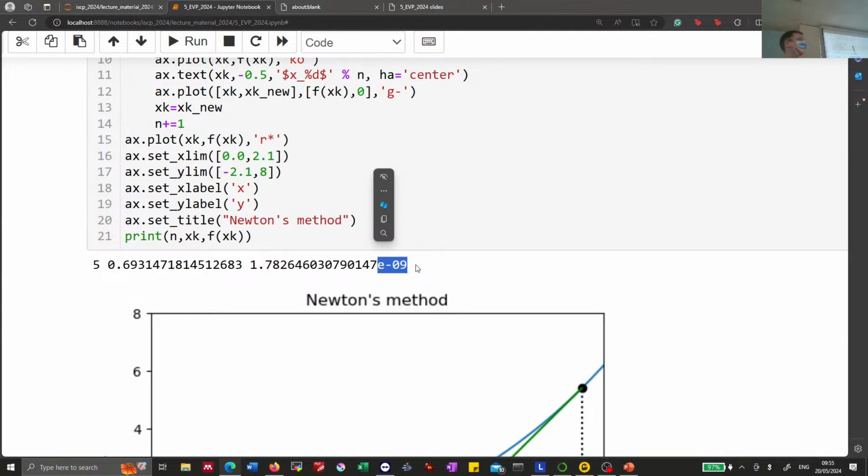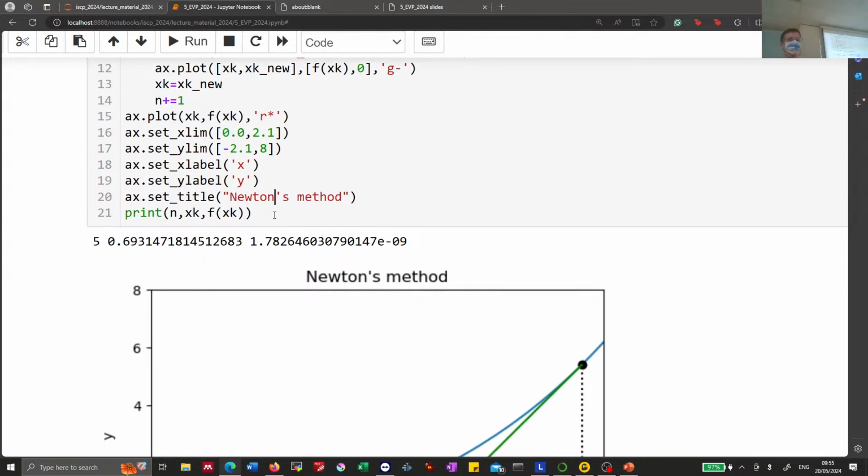So that would be 1 over 1 billion, right? And we get this accuracy in 5 iterations. The value itself of x, that is our solution, hasn't changed much, right? We still get 0.693 as the solution of our function.